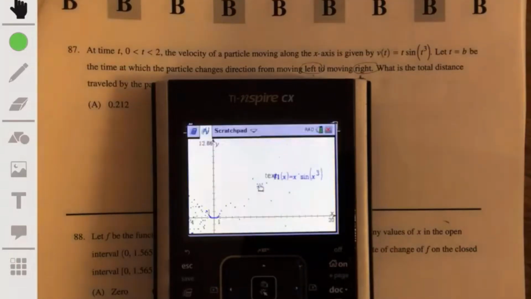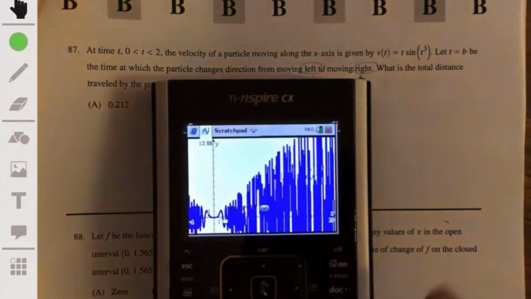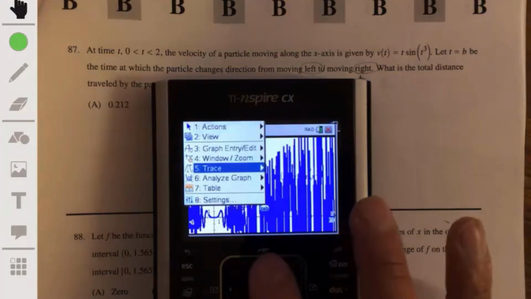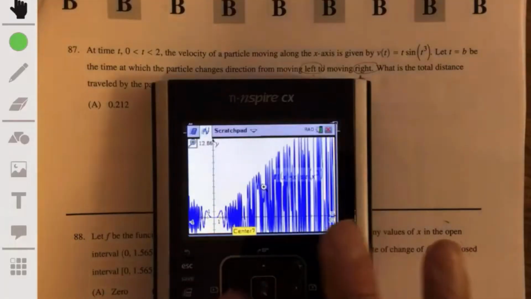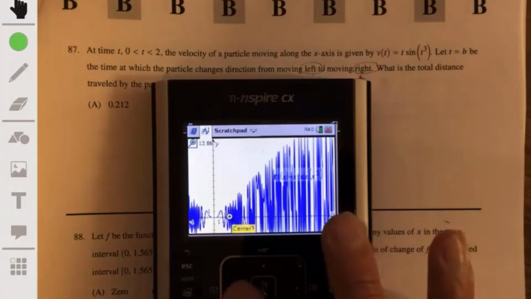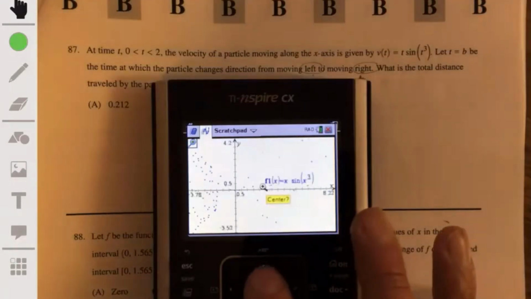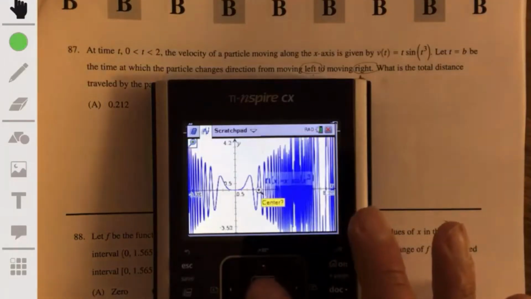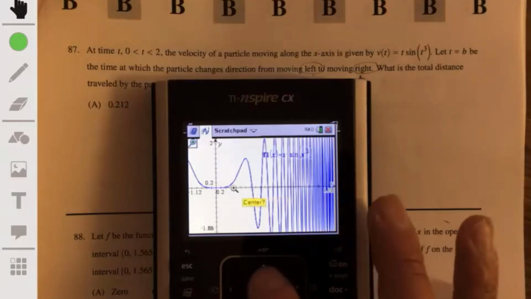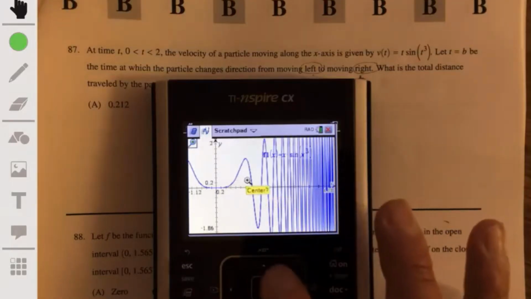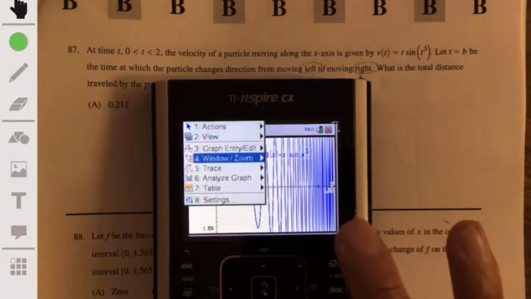I only care about quadrant 1 for now. Okay, so we can see the graph is going from positive values to negative, and then let's actually analyze those zeros.